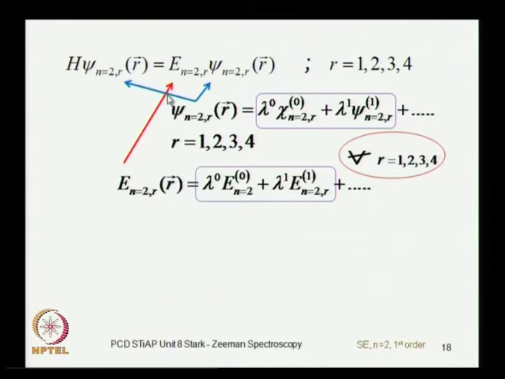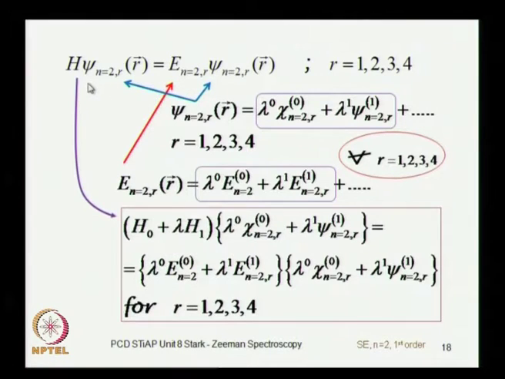The energy is similarly an expansion over the lambda parameter, which is the perturbation order parameter, and you can substitute this expansion here, and the Hamiltonian itself is H0 plus lambda H1. So you have rewritten this Schrodinger equation for the full Hamiltonian using the lambda parameters, but now you know that all terms in corresponding powers of lambda must be equal.